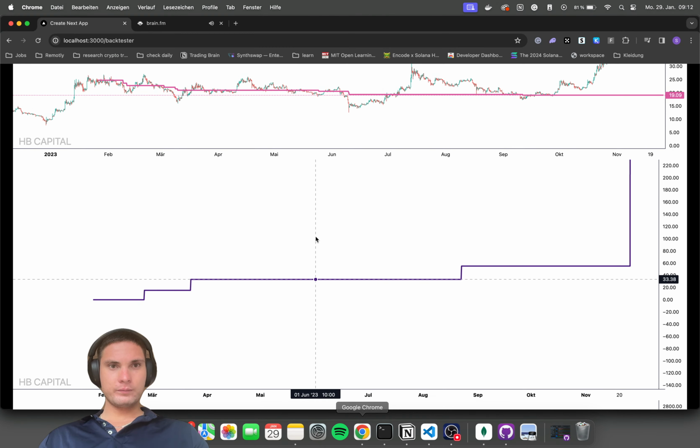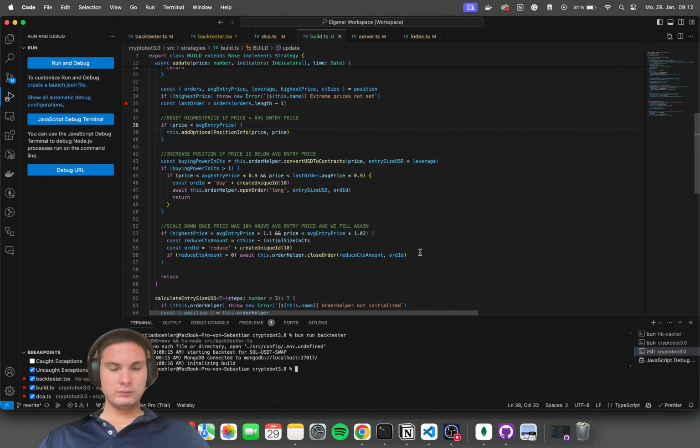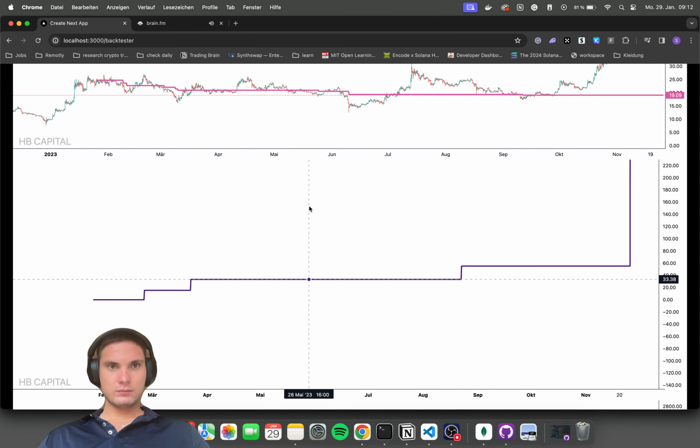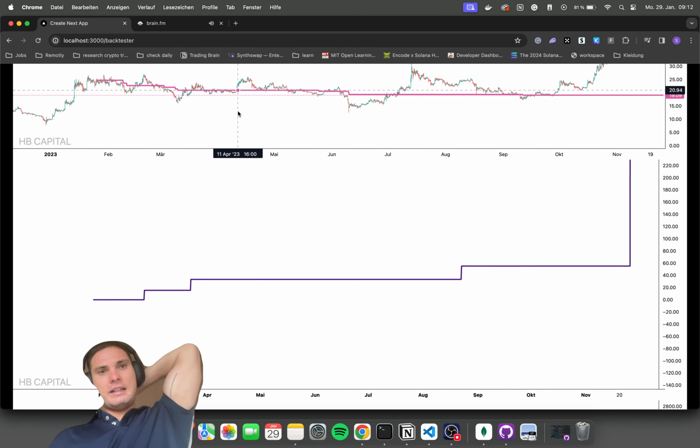So, and we should have reset the entry price definitely somewhere here. Why did we not scale down in here?